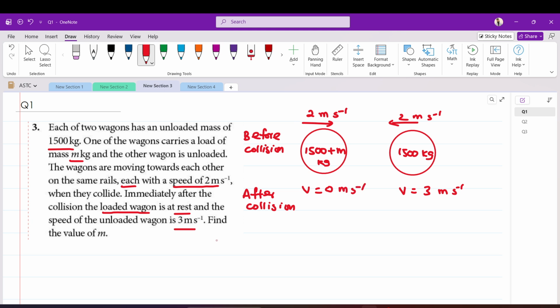All right, so we'll start with the principle of conservation of momentum. So that will be total initial momentum equals total final momentum.